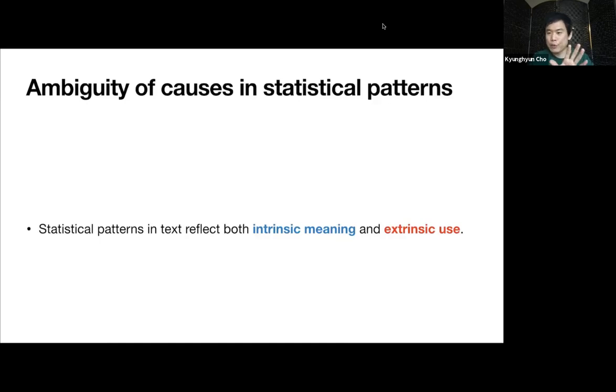And then there is the ambiguity between these two, and the statistical patterns don't really reveal which one was the true cause that gave rise to this particular statistical pattern. So in other words, statistical patterns themselves cannot disambiguate the cause behind themselves.